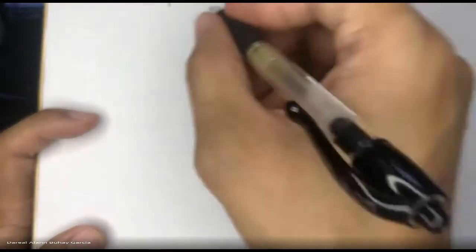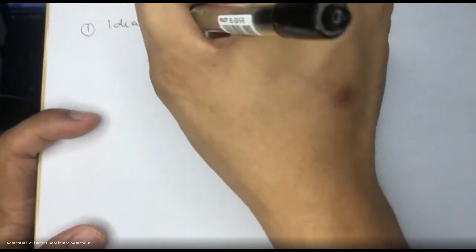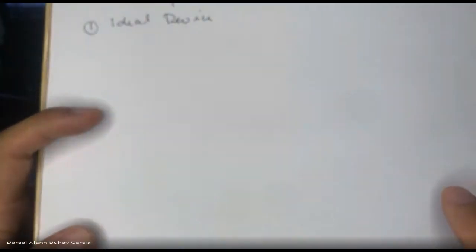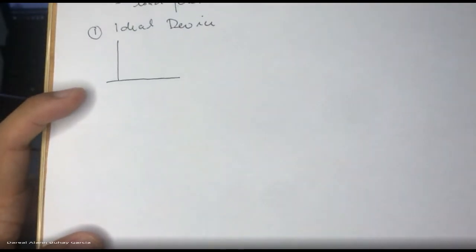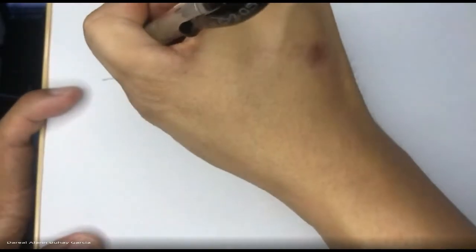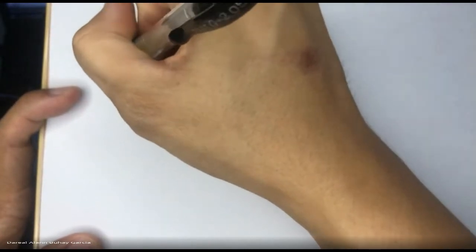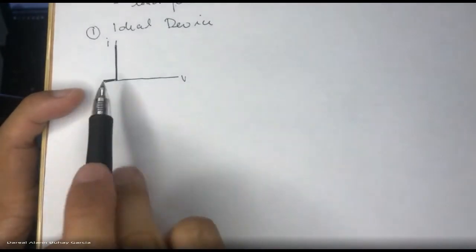Because the diode is a switch, we could think of it as a switch. So its graph, the diode as an ideal device, its VI curve, or voltage-current curve, is like this. Okay.